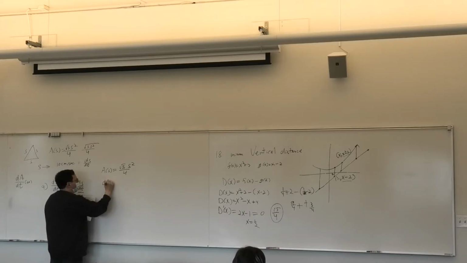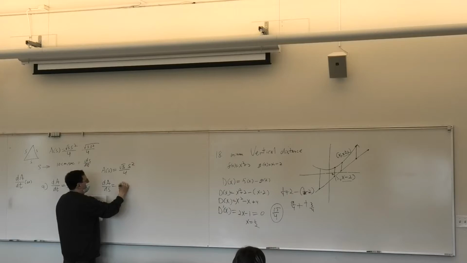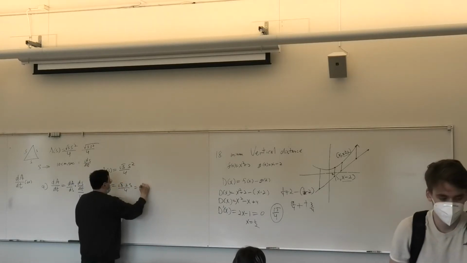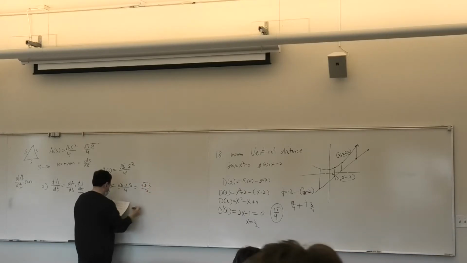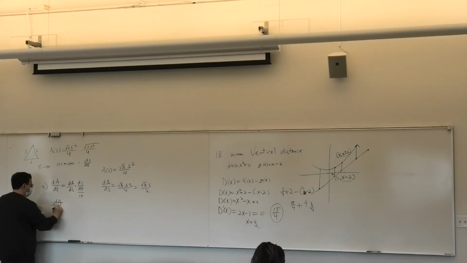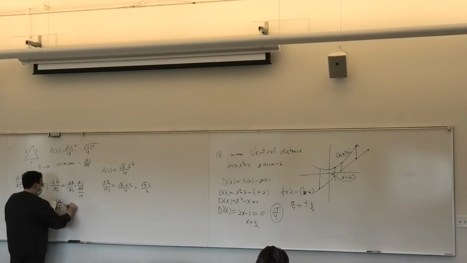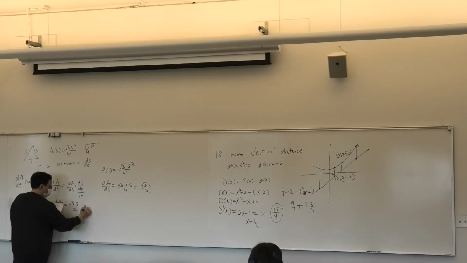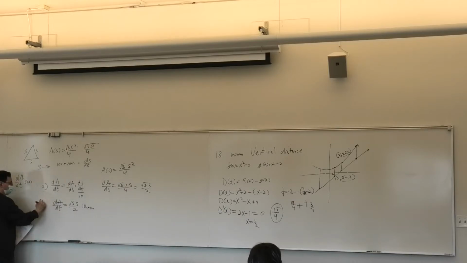So dA ds is what? We should know how to do this. It's square root of 3 times 2S over 4, or square root of 3 S over 2. So if I just write dA dt equals square root of 3 S over 2 times 10, you can put in the units if you want, centimeters per second, that would be B.